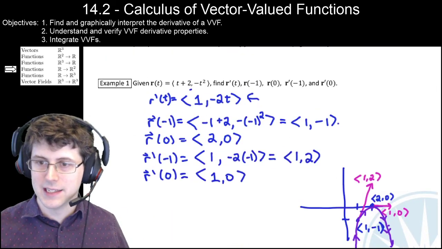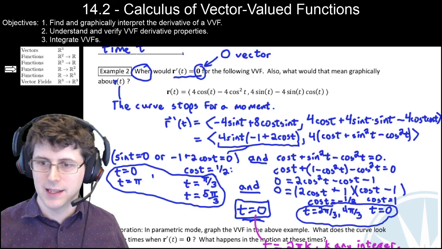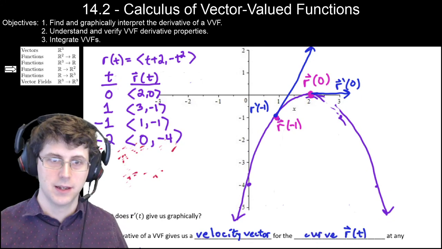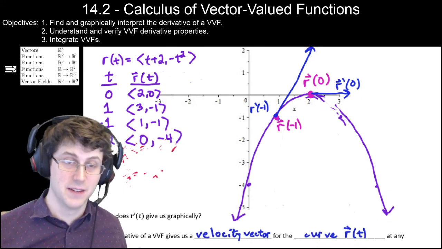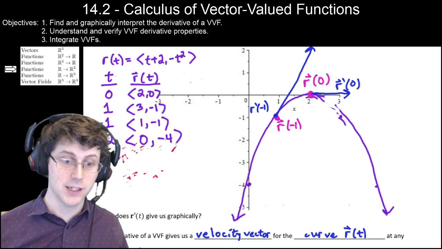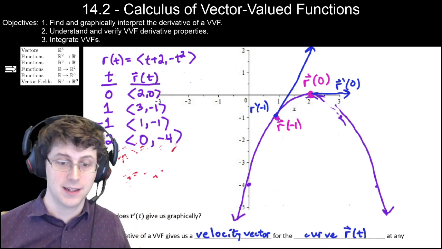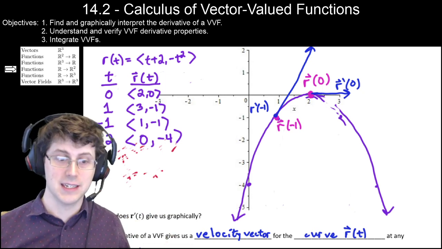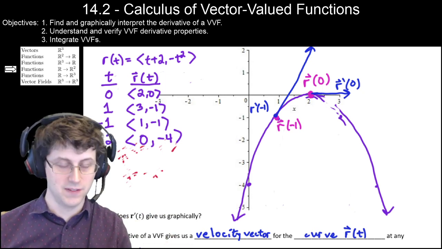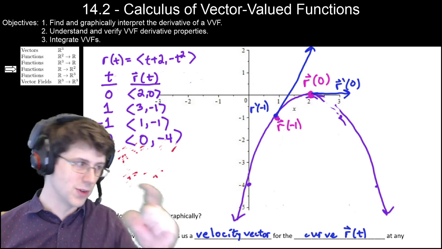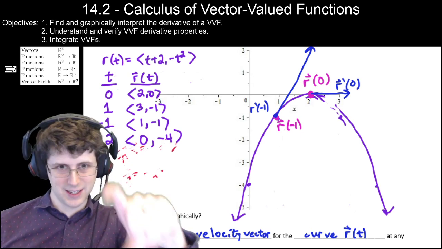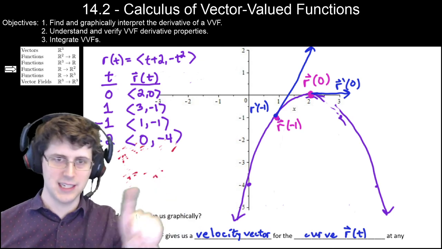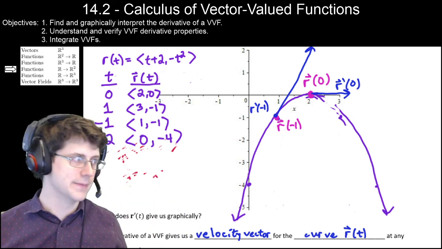But then we really got into the physical meaning on page 2, where the derivative of a vector-valued function was another vector-valued function, and it gives you the velocity vectors, where you think of the original function as giving you the positions at various times. The derivative gives you the velocities at different times. And if you draw those velocity vectors starting on the curve at the correct spots, then you can see velocity vectors pointing the right way.